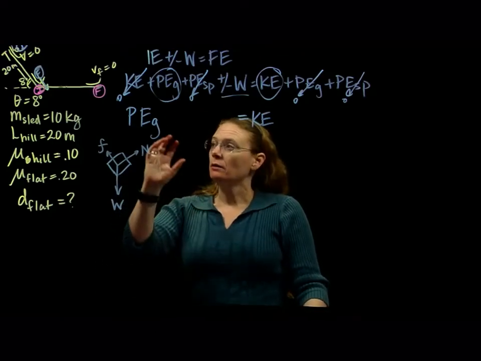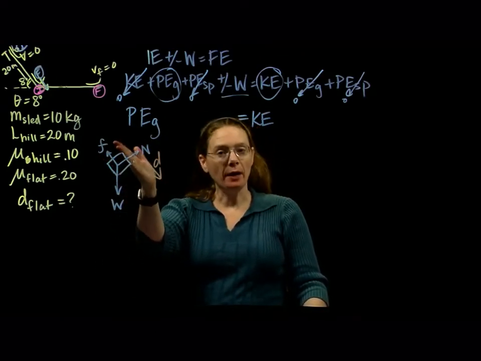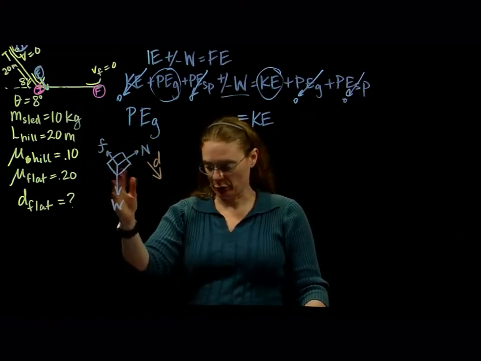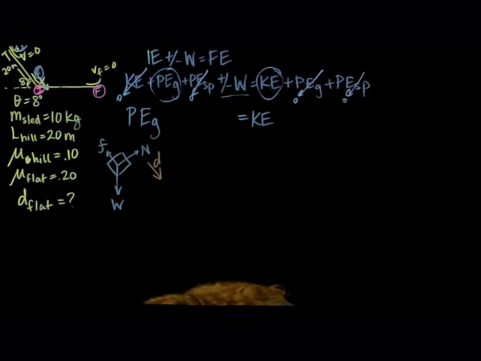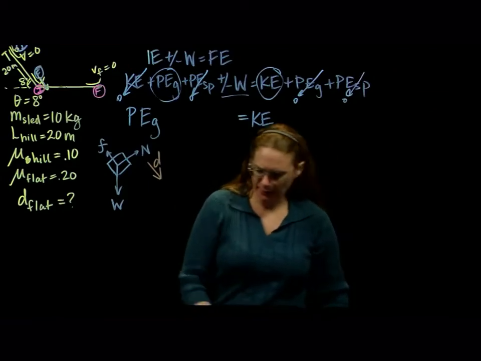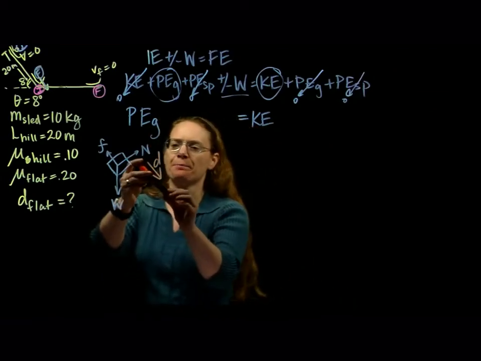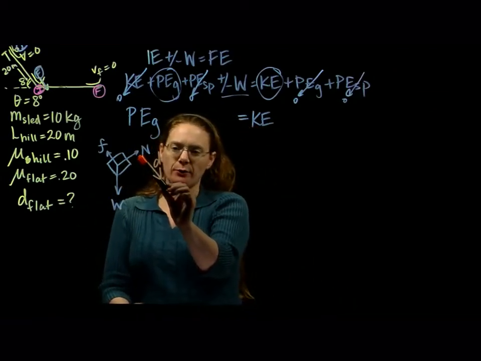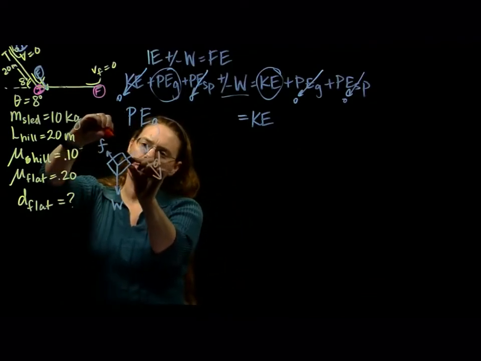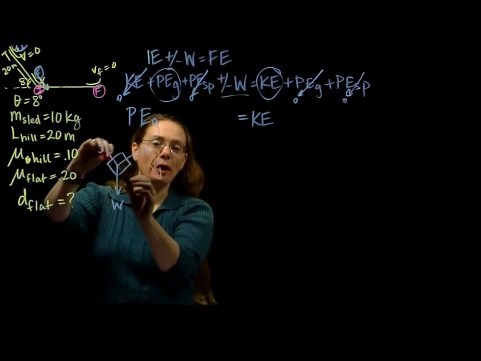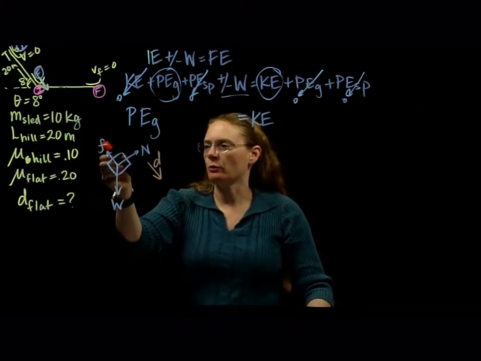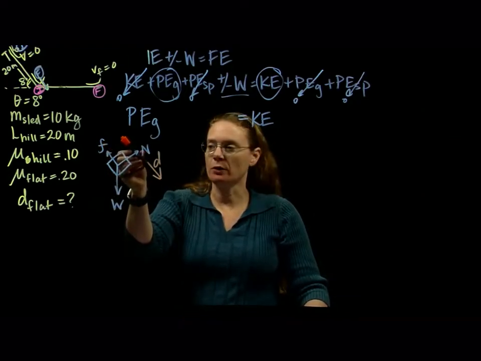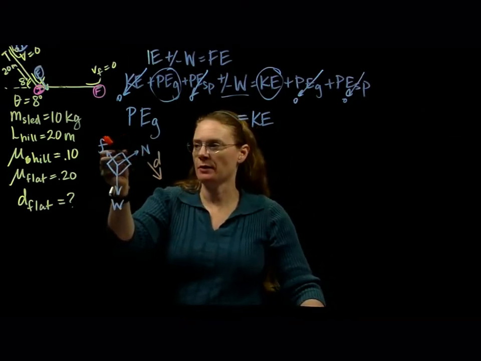Work is only done when a force is parallel to the direction of motion. What I like to do is take something and line it up with the direction of motion, and then look at all your forces. Are any of these parallel to the direction of motion? Well, N is perpendicular, so there's no work done by the normal force.